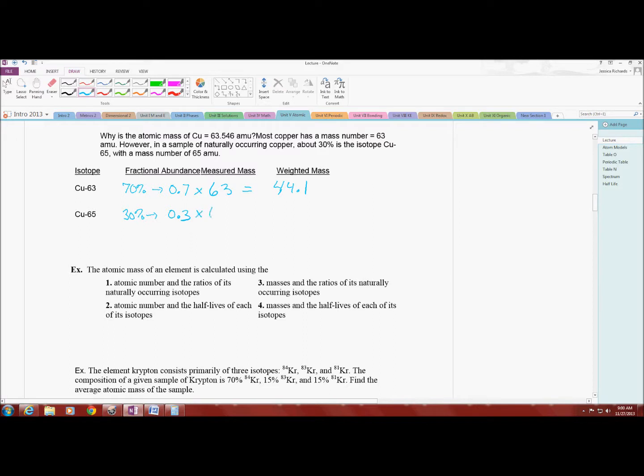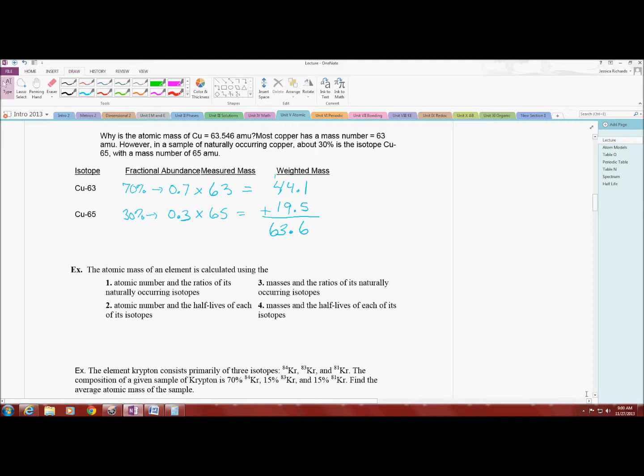If 30% is copper 65, to find the part or the percent that comes from copper 65. So if I want the total weighted average, I just add the two together. So 1 and 5 is 6, and 9 and 4 is 13. We carry the 1, 4, 5, 6, 63.6. So approximately what's on your table.